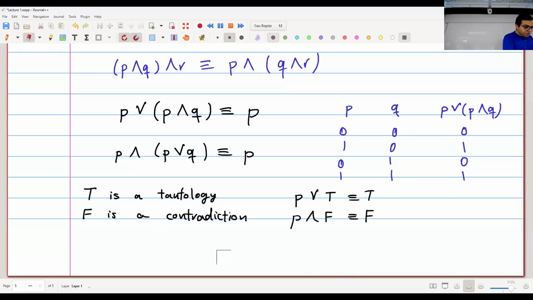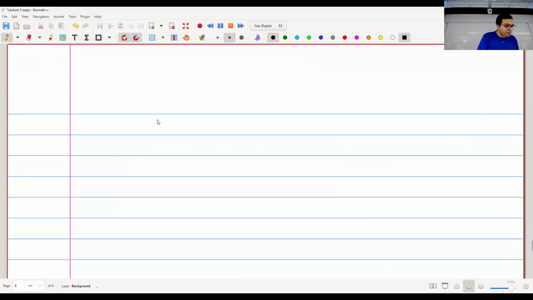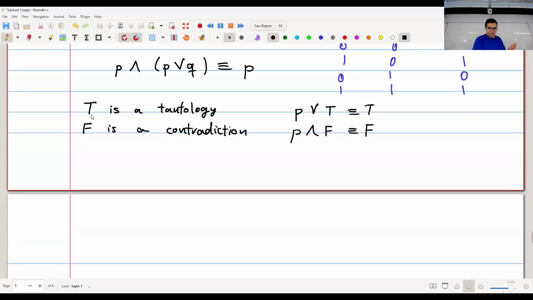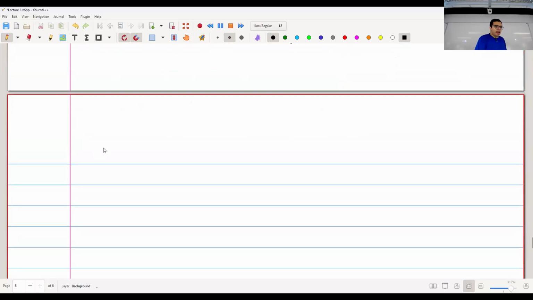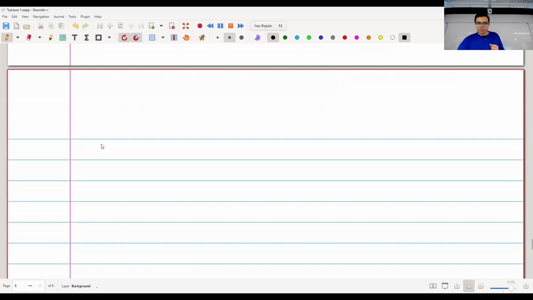Now I'm going to show you something kind of weird. This is something that people usually don't think about. So let's say I have a statement, and let's say that my statement is just a combination of atomic propositions and also this T, big T, and big F. And let's say I have the 3 standard operations: and, or, not. I can define a dual. So this is what I do.